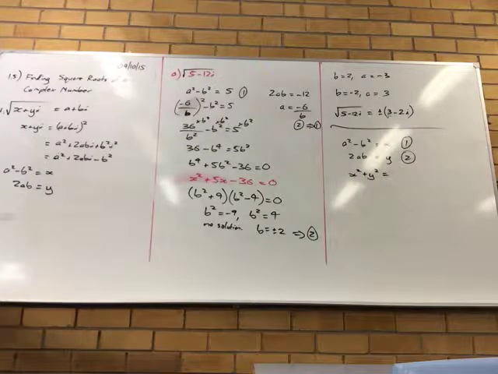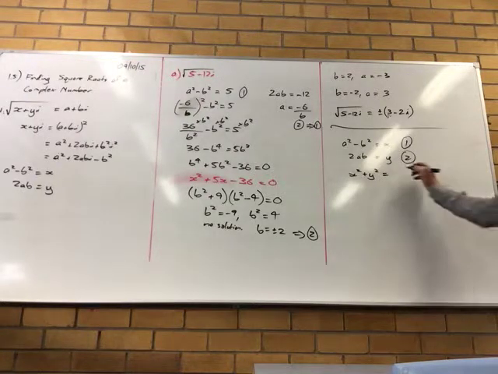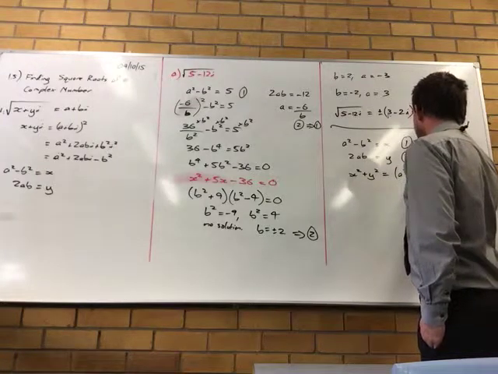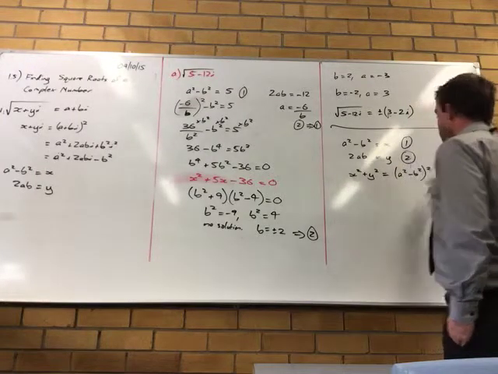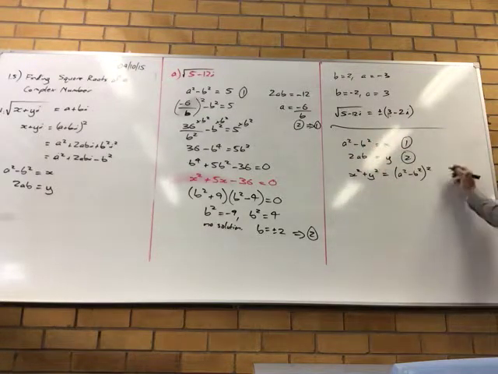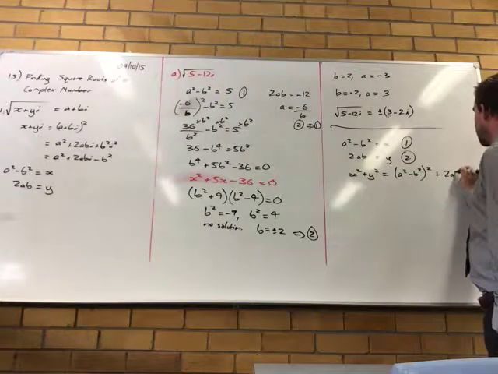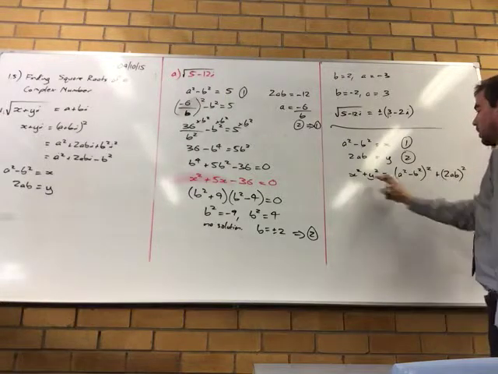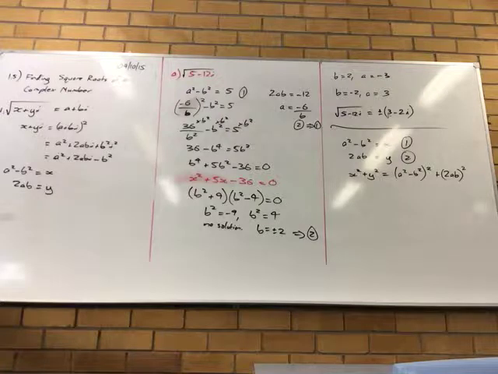I know the result from something we've already done in complex numbers that has x squared and y squared in it. So x squared plus y squared equals (a squared take away b squared) squared plus (2ab) squared.